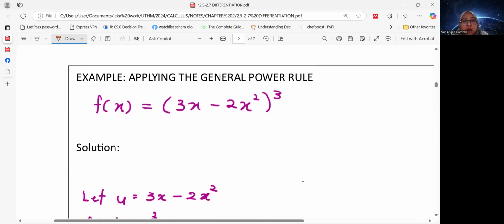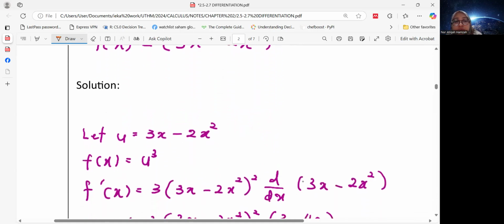So, how to use the general power rule? f(x) is equal to (3x minus 2x squared) to the power of 3. So, we let u be equal to 3x minus 2x squared.